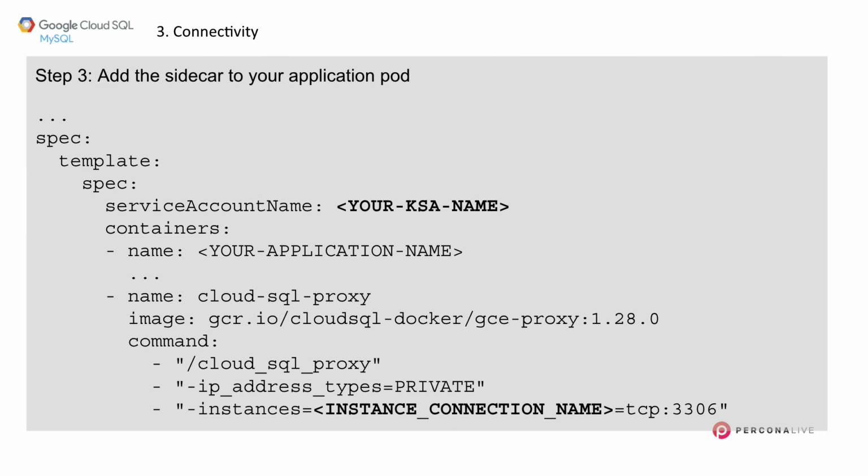Then as the next step, you add a sidecar container to your application. Your application container will run with a specific Kubernetes service account. Then additionally to your application container, whatever it is that you run in Kubernetes, you will also define the CloudSQL proxy sidecar container that, as you can see, uses the proxy.